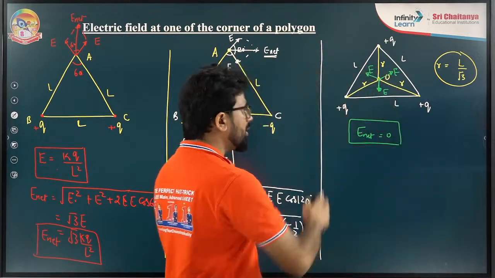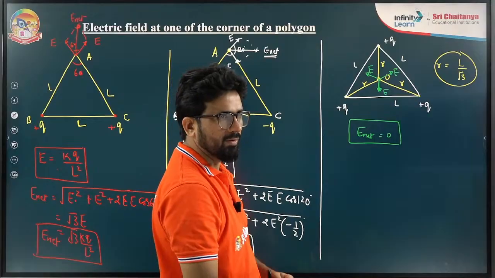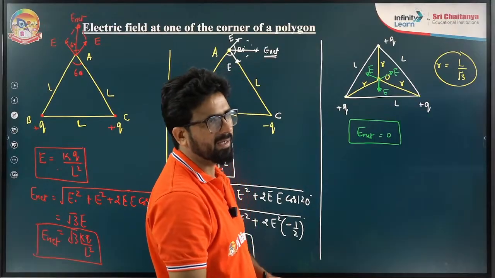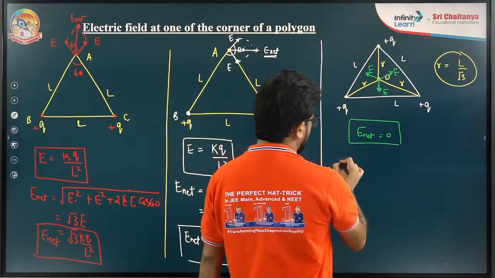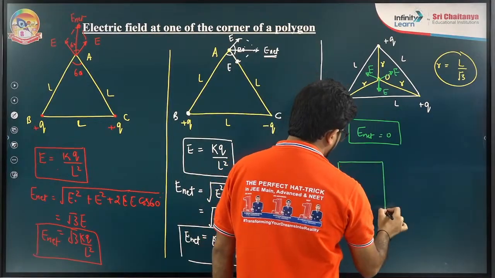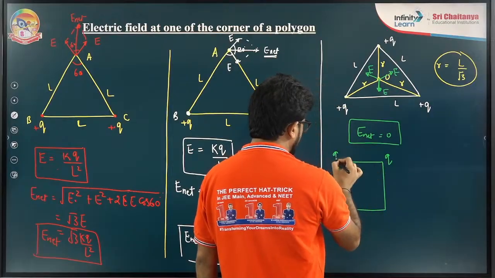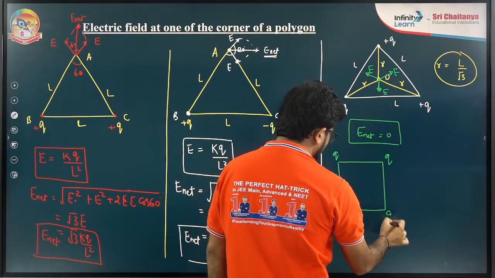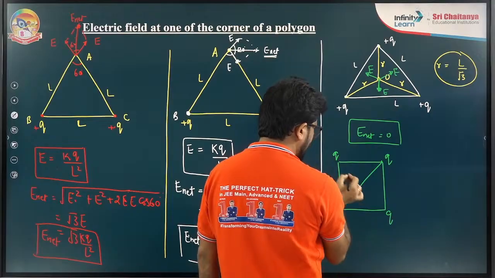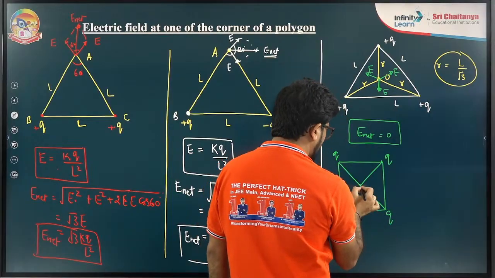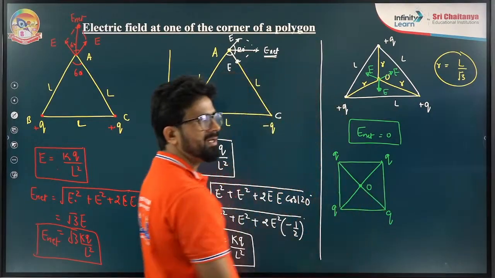Very basic. Not only in this triangle case, you can take any case. Suppose this is a square. In the square also, if you are putting plus Q charge, Q charge, Q charge and Q charge, if you are asking at the center, then also field would be 0.